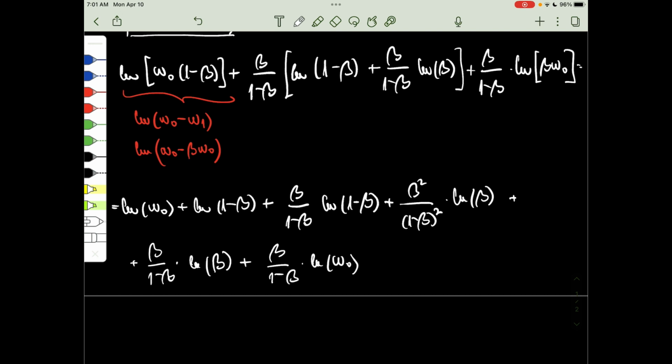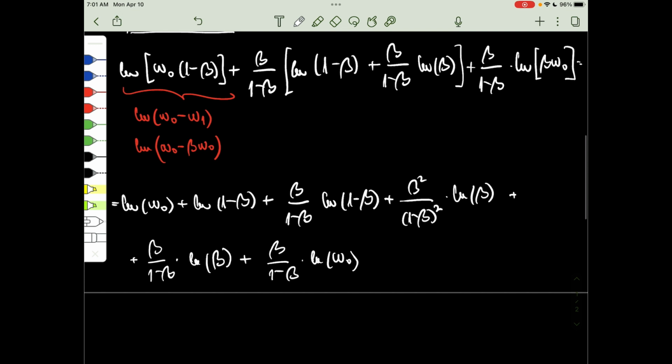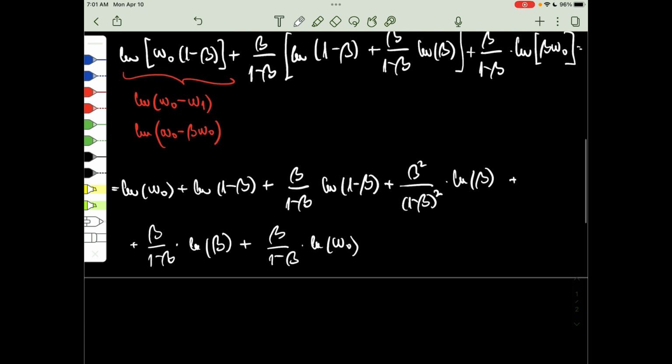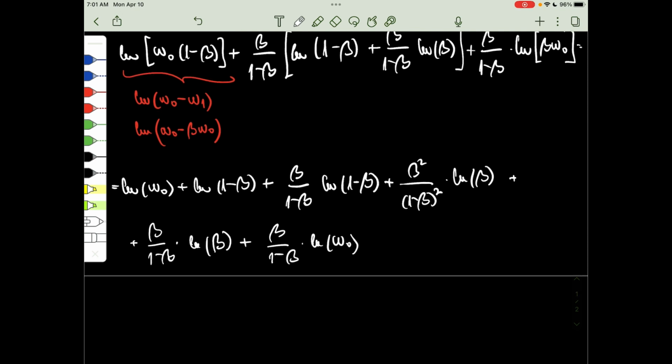Okay, I think it's correct. Let me double check. It seems to be okay. So this is a sum of 1, 2, 3, 4, 5, 6 items, and we can look for similarities.